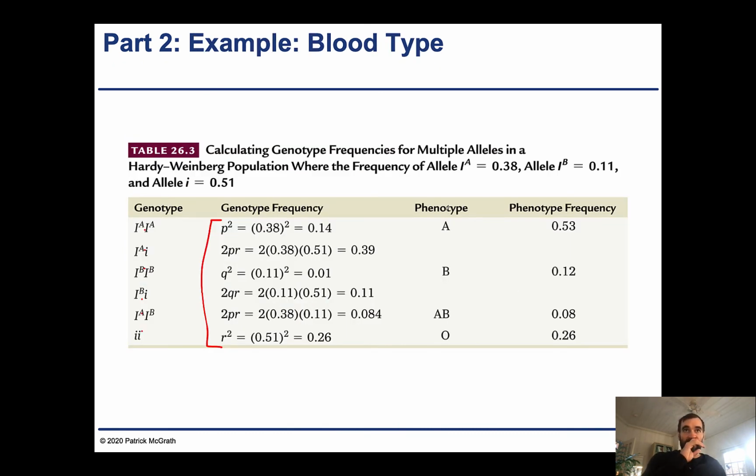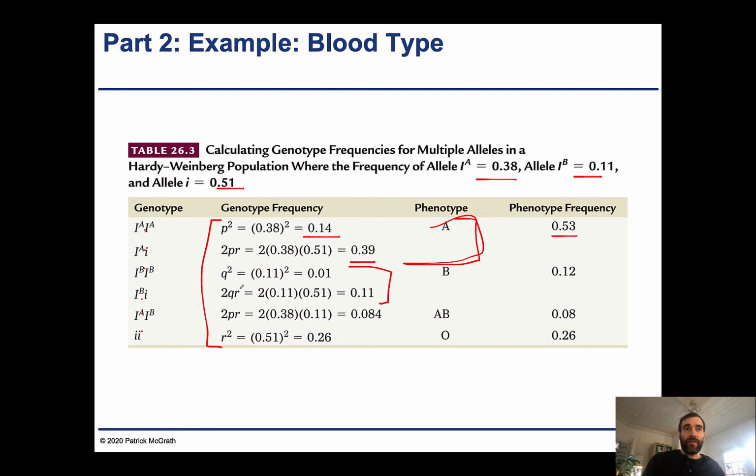Here we have shown you the allele frequencies of these 3 alleles in a population, so 0.38, 0.11, 0.51. And if we calculate p squared, we find it's 0.14 for this genotype, 0.39 for this genotype, and then both of these have the same phenotype, so the phenotypic frequency is 0.53.